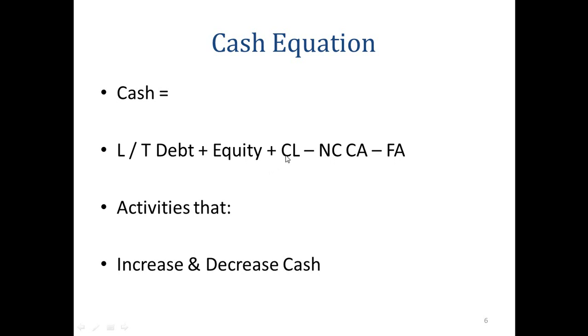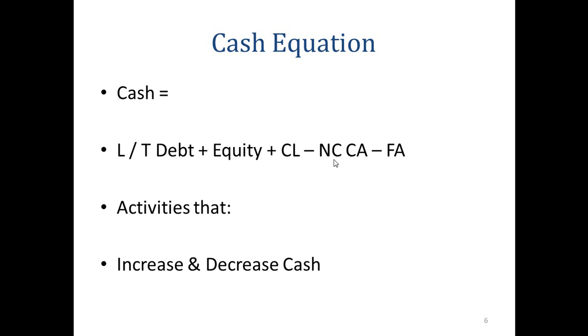When equity goes up, that increases cash. When current liabilities, remember, accounts payable, increase, cash increases. When fixed assets go up, that decreases cash, a negative. If fixed assets go up by 10, it's going to act as a negative.